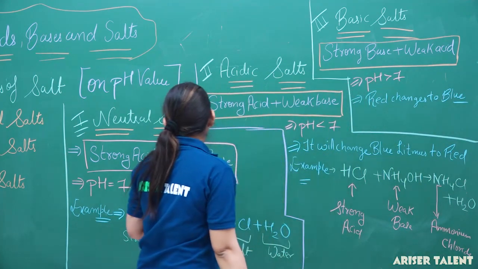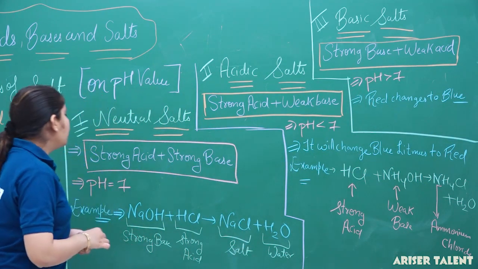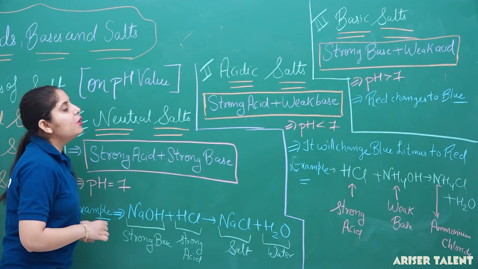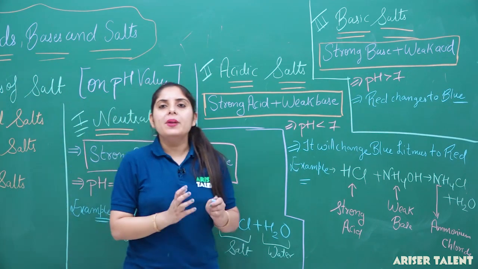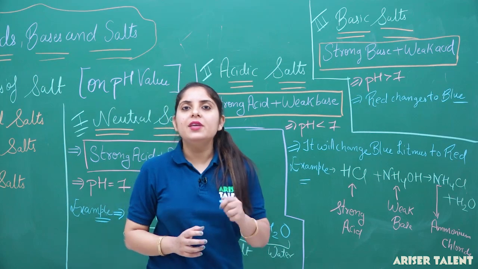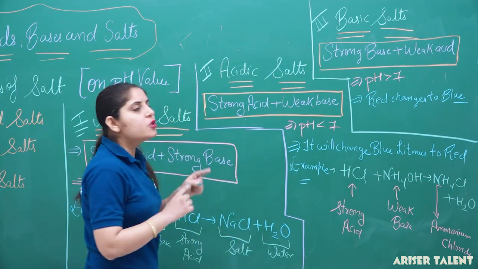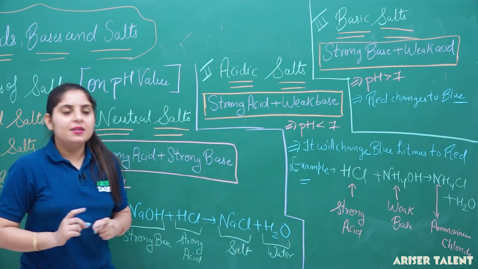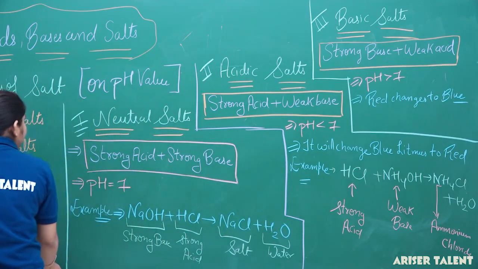Now, we will take an example to understand this kind of reaction. The example for this kind of reaction is that a strong base is going to react with a weak acid. So, I am taking one strong base and one weak acid.